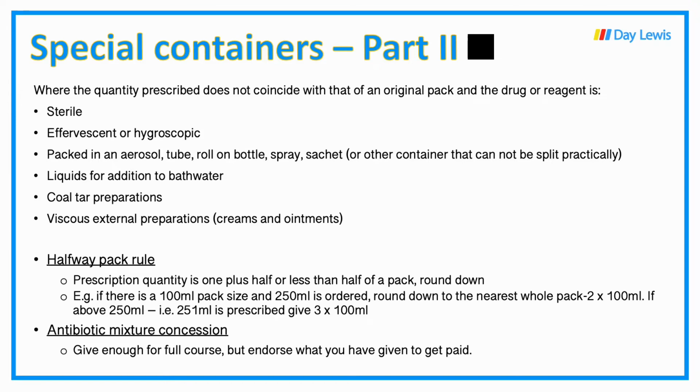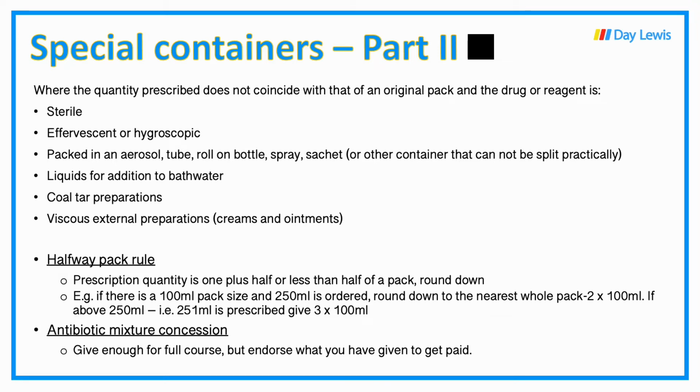So for example, there is a 100ml pack size and a 250ml has been ordered. You need to round down to the nearest whole pack, which would be 2 times 100ml. If the prescriber had prescribed 251ml, you could have then rounded up to give 3 times 100ml packs. Okay, so because it was less than 1 plus half of a pack, you needed to round down.